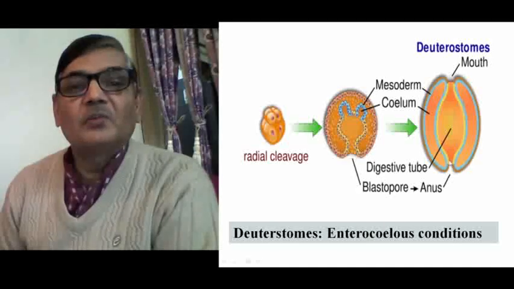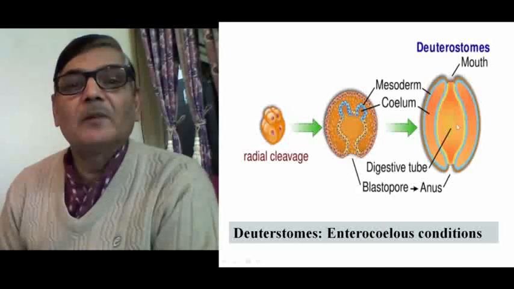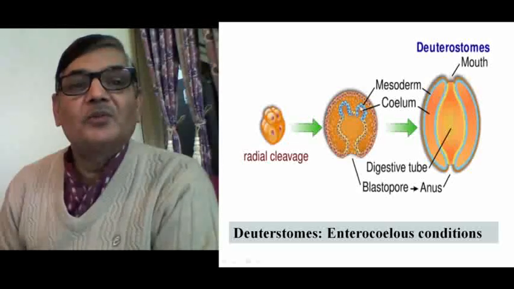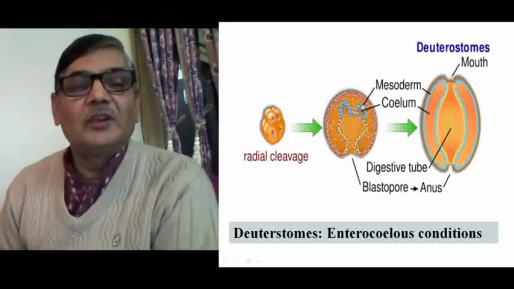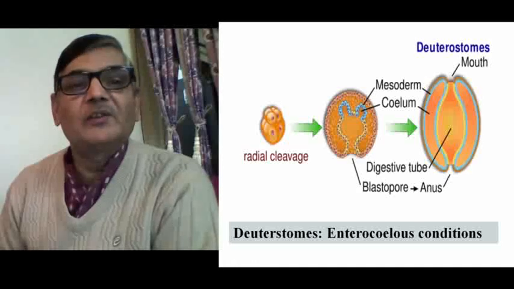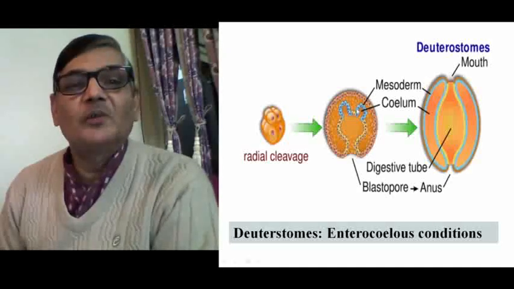Actually, the blastopore continues internally in the form of archenteron, and then on the other side it forms the mouth. And this archenteron forms a pouch-like structure. And such pouch structures then in a later stage develop into the coelomic space, and it is lined on either side, that is towards the body wall as well as towards the alimentary canal, with the mesoderm.